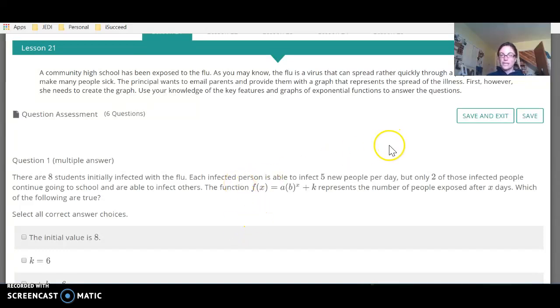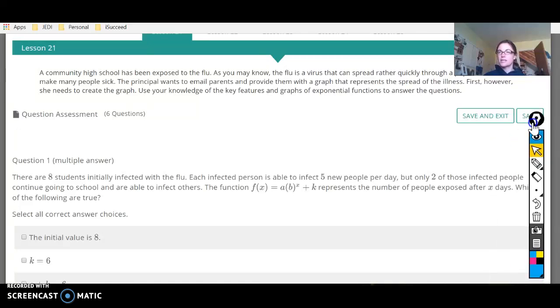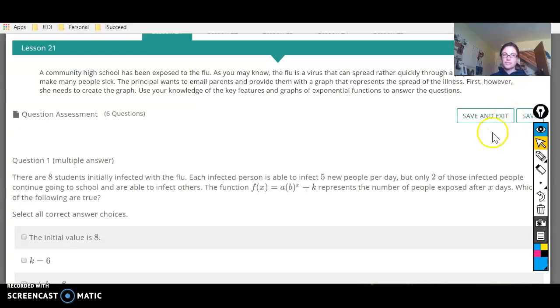So one thing that we know right off the bat is that there are 8 people initially affected. All right, so our initial value when x is 0 is going to be 8. Let's see if we can work backwards on this. F at 0 equals a times b to the 0 power plus k, right?